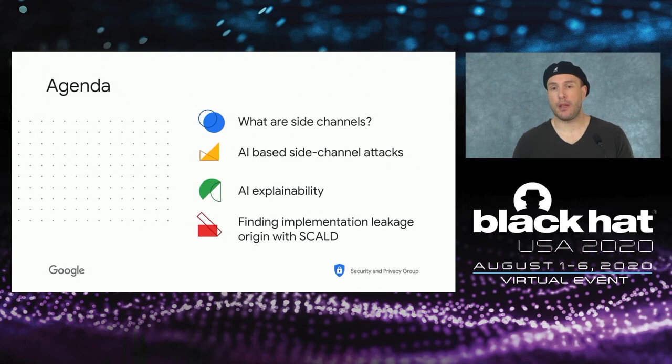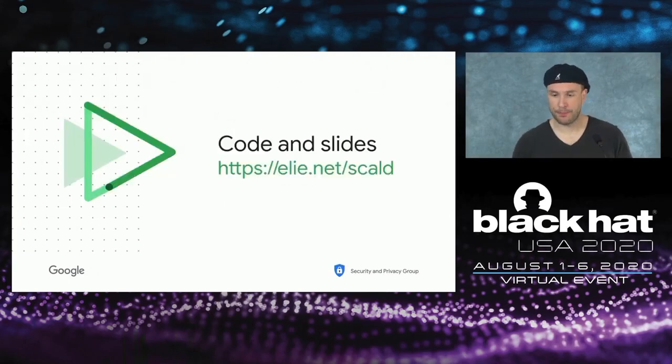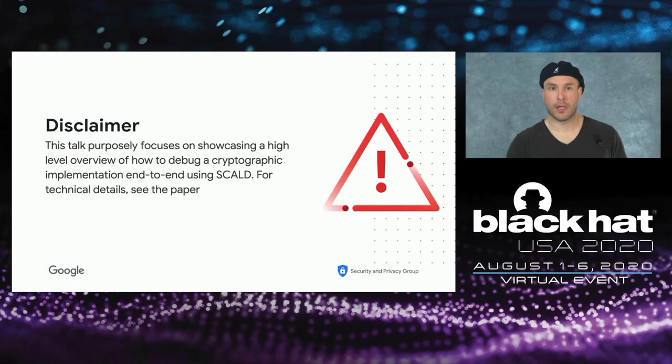And finally, I'm going to show you how in practice we use it to find leakage in our target. If you want to follow along at home and look at the code and the slides as we go through the presentation, you can get them at eli.net/code.